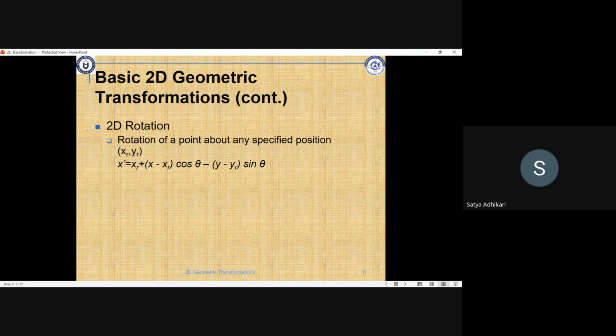That will be the composite transformation. Suppose we need translation and rotation, one by one: first you apply the translation and then rotate it. That is, at a time you want to change the position as well as rotate it. That is known as the composite transformation, which we'll discuss in the next class. Today we only discussed rotation and translation. The next class we will start from scaling.